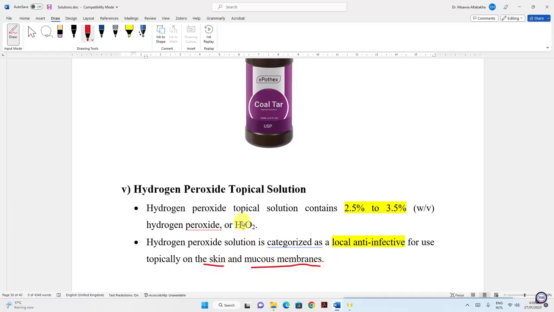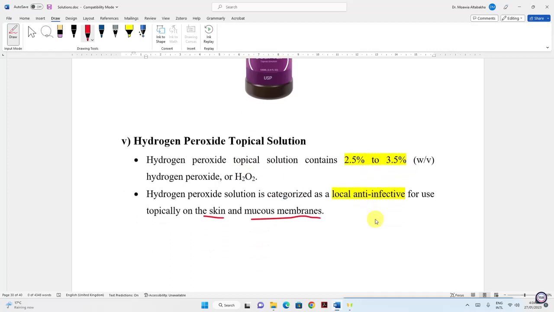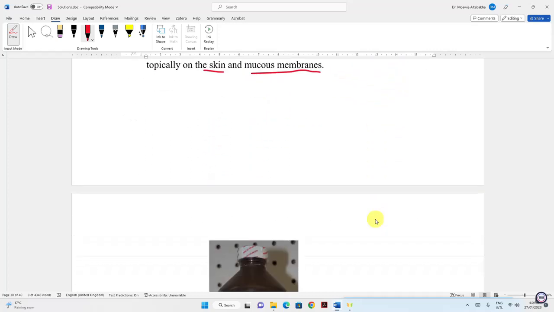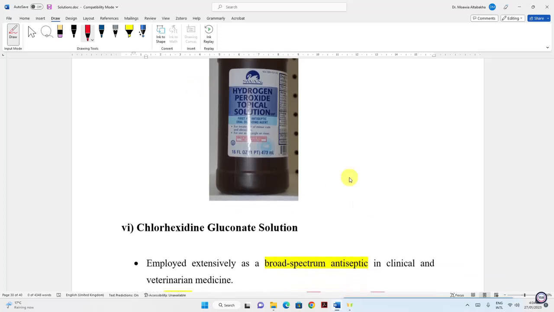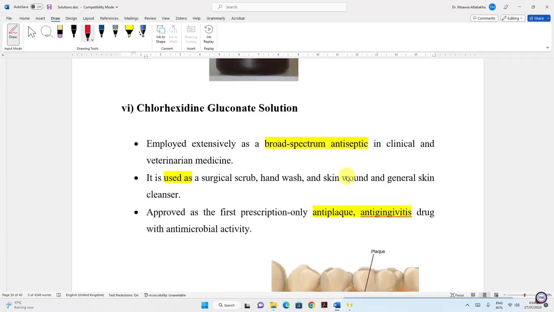Some people even use it when brushing their teeth with toothpaste, in order to whiten the teeth and remove stains. In a higher concentration, it's also used in the treatment of acne. This is hydrogen peroxide.